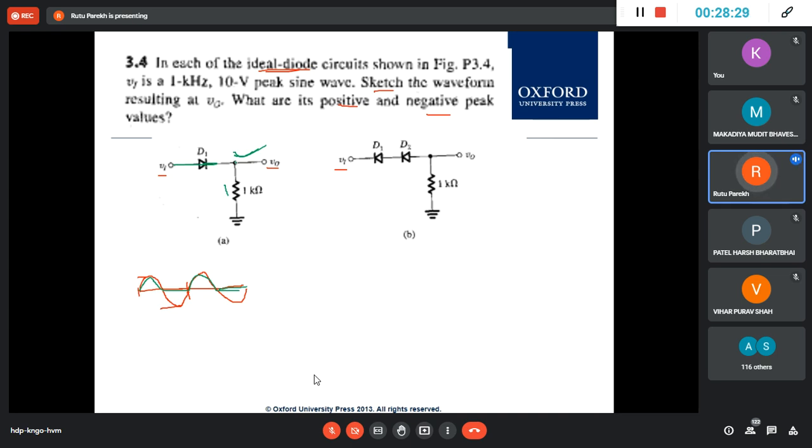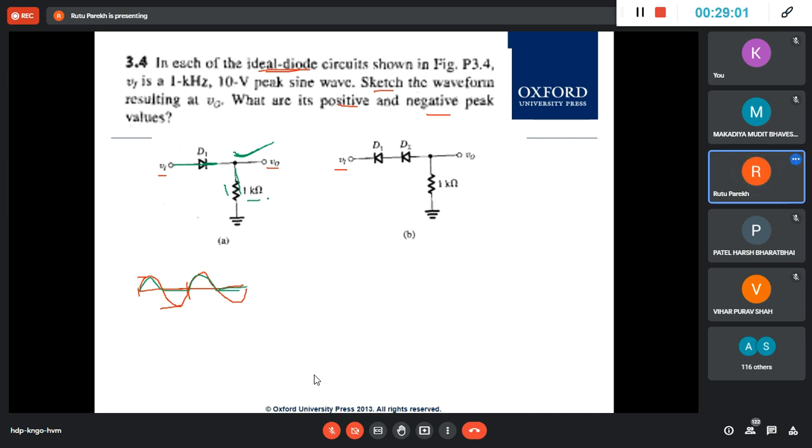For 1 volt, what will the current be? 1 milliamp, right? Then for 2 volt, it is this voltage divided by this R. Accordingly, your I will flow. R remains the same, your V is changing, and hence your I through this will also change.